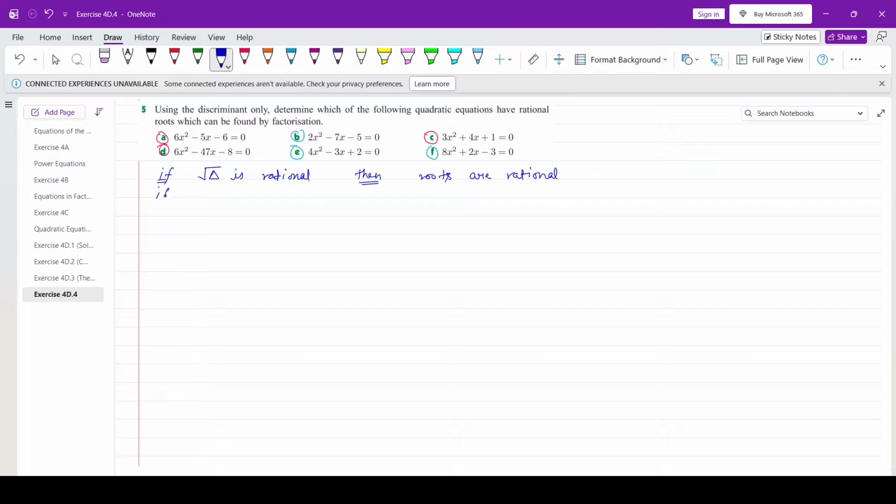And if the square root of the discriminant is irrational, then the roots are also irrational.